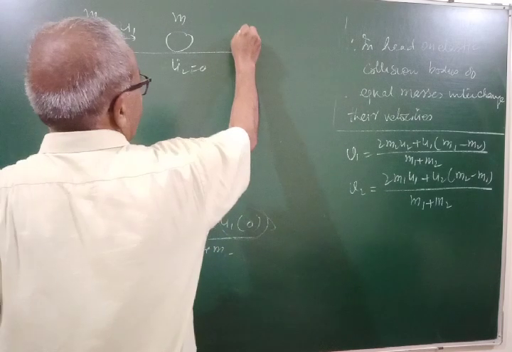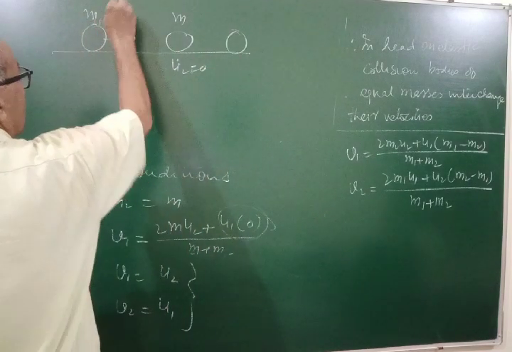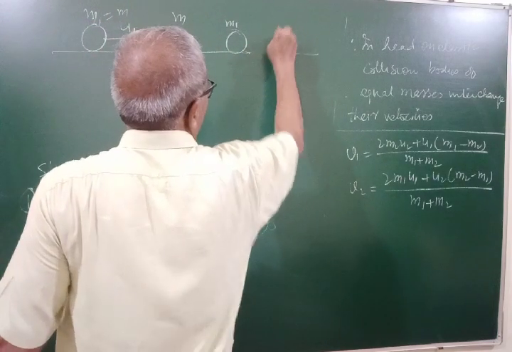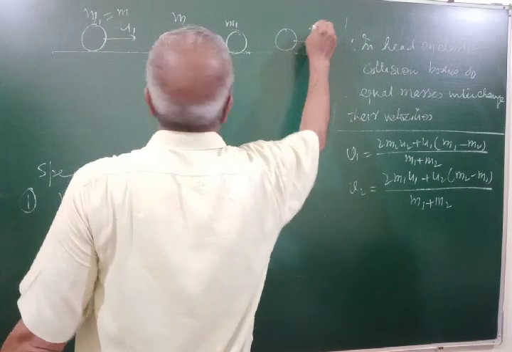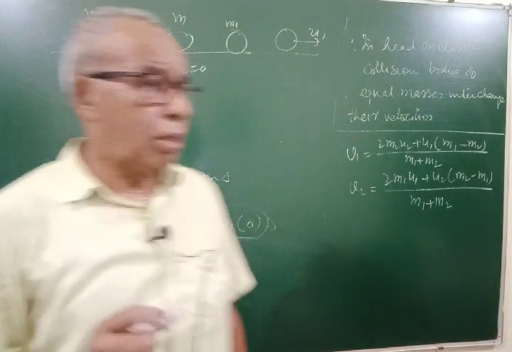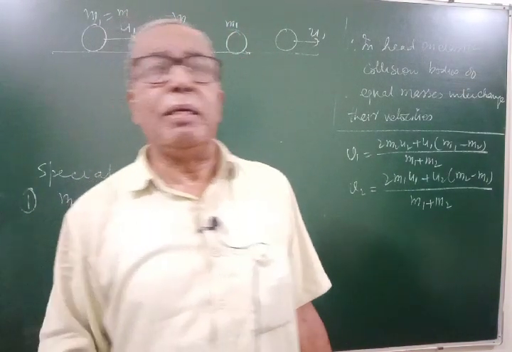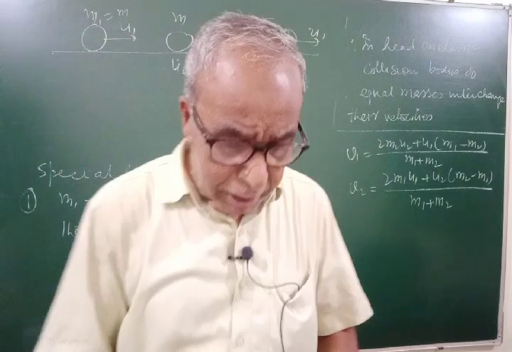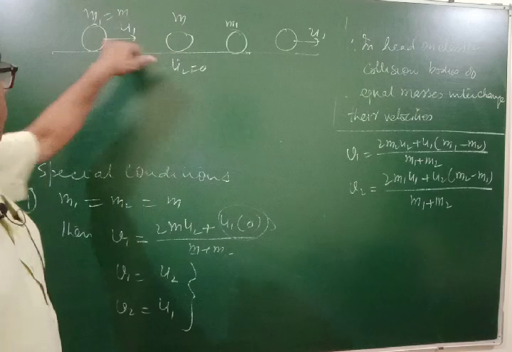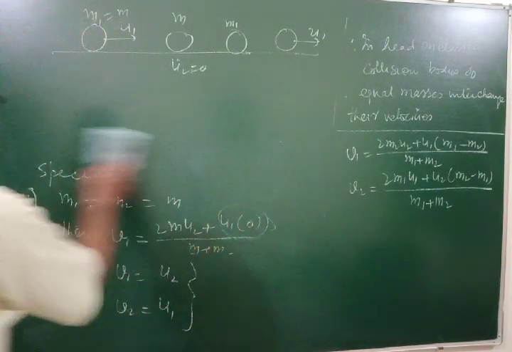After collision, m1 comes to rest while m2 moves with velocity u1. If you have two small marble balls and strike gently, a marble at rest with another having nearly the same mass, then the colliding body will come to rest and the body at rest starts moving.